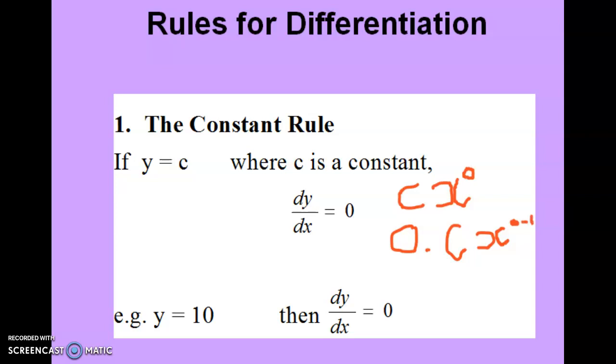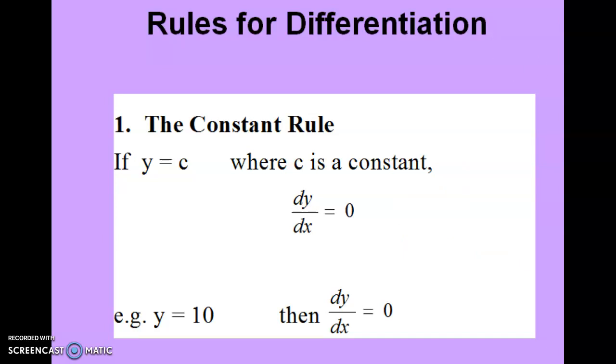Any number multiplied by 0 gives 0. So the differentiation of any constant gives us a 0. You differentiate 10, you differentiate 900, you differentiate 2 million, you get a 0. That was our first easy rule.